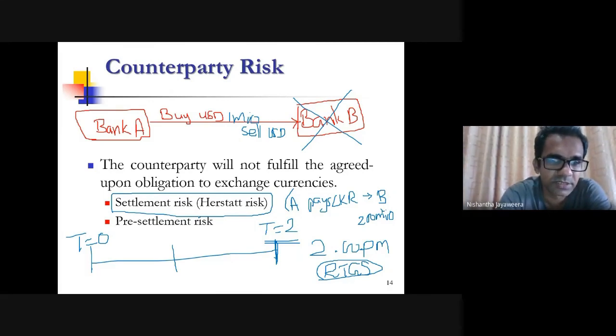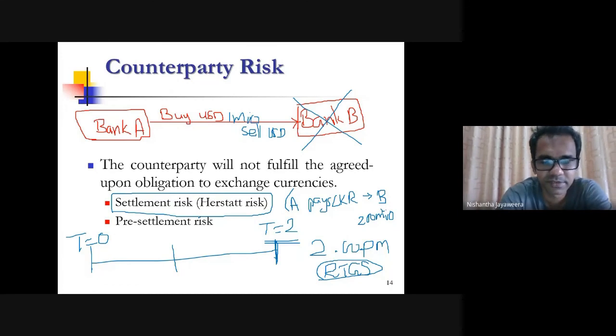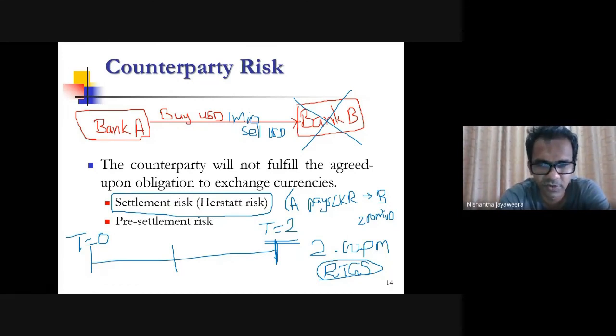The regulator asks you to cease. You cannot transfer any cent. You have received instructions 2 days or 1 day prior to the settlement date, but still you cannot transfer any money beyond that.